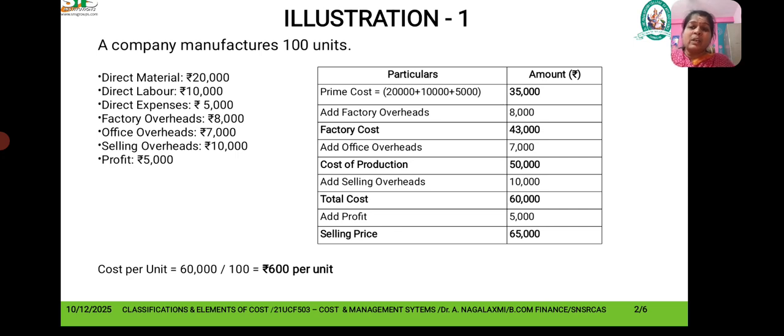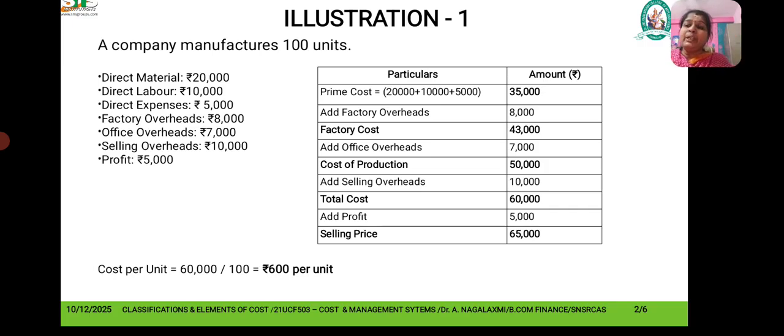The total cost includes adding of selling overheads. The selling overheads is 10,000. So cost of production 50,000 plus selling overheads 10,000, we get 60,000 rupees as the total cost incurred in manufacturing 100 units of the product.